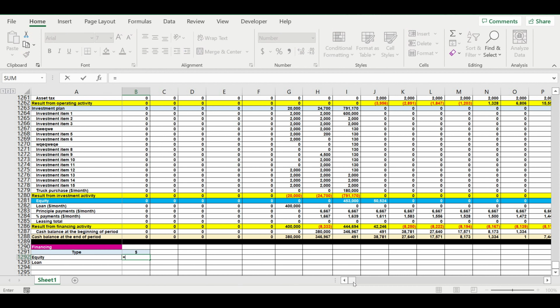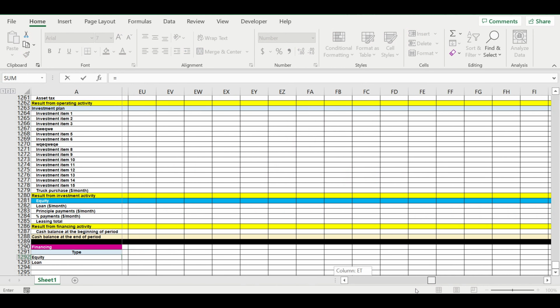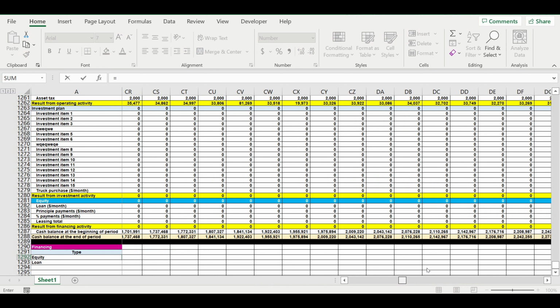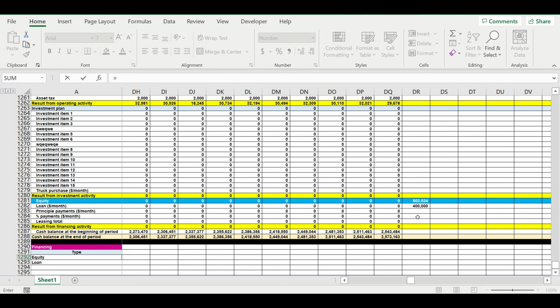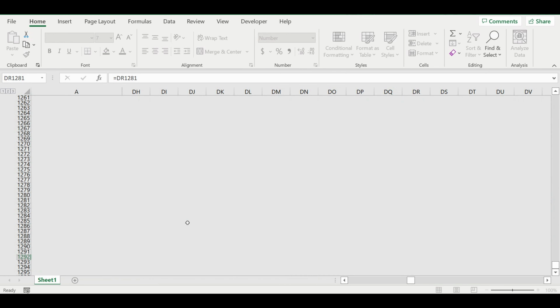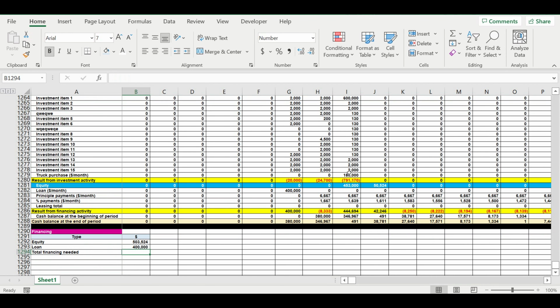So we will take the values from the end of our timeline. Here it is. So here will be the total financing needed for our business.